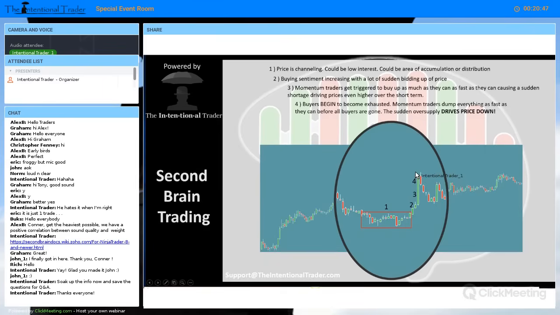This is called the freight trading part, and this is where they get the last of the suckers to jump in here before the supply overwhelms the demand and price drops again. Okay, so this overwhelm of demand is where our edge is.